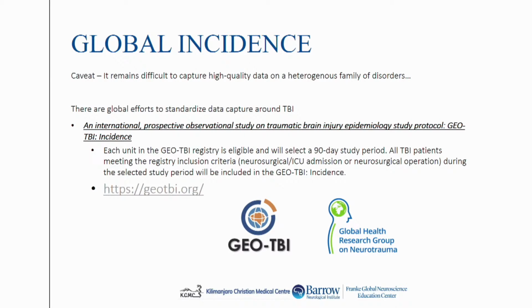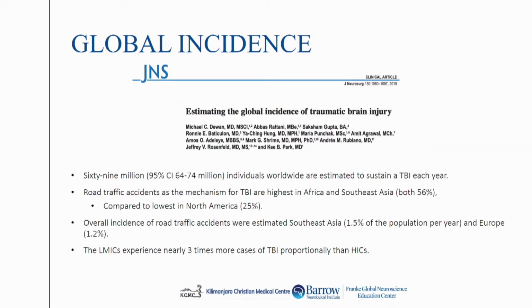So again, there are a lot of international registries working on capturing that data. Some groups have tried to summarize the global incidence of traumatic brain injury, but because of the really variable definition of traumatic brain injury, it's quite hard to turn it into a robust meta-analysis.